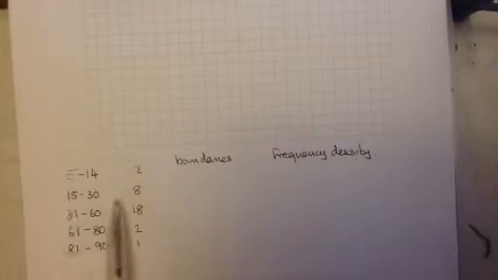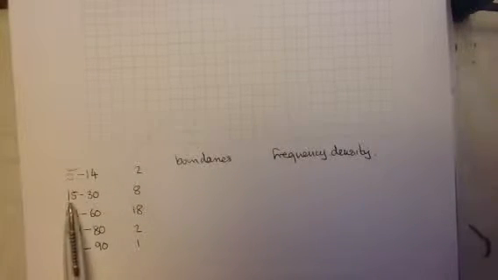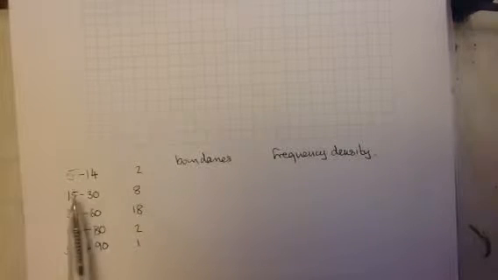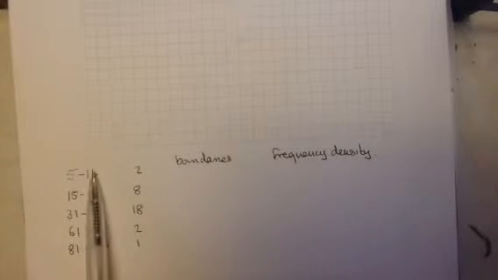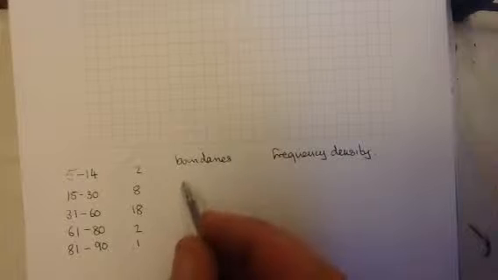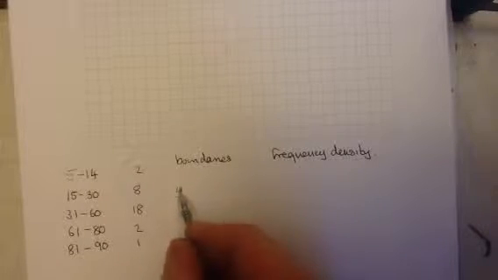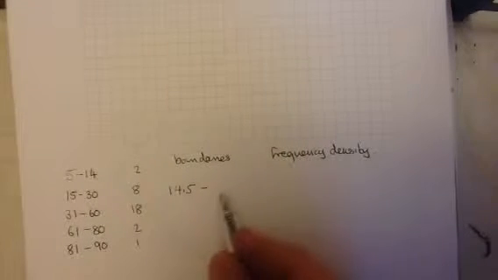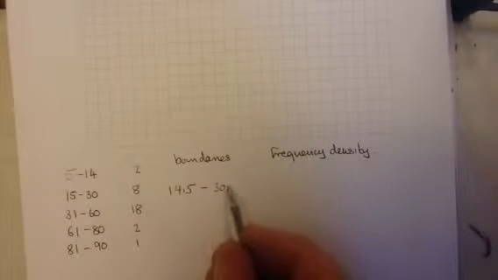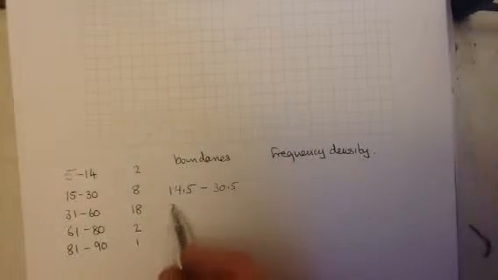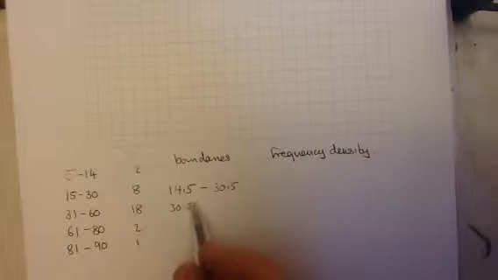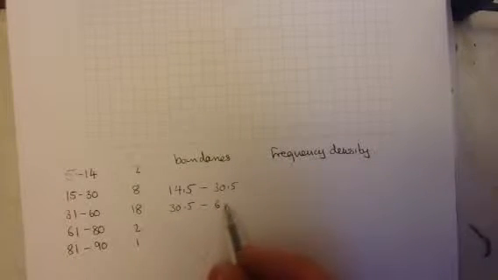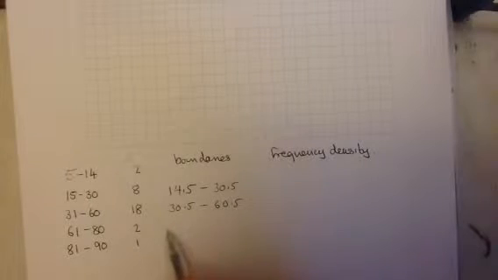Okay, so if we have a look at the second, we can see the limits are 15 to 30, so the boundaries will be halfway between 14 and 15, 14.5, and halfway between 30 and 31, 30.5. And I'm going to work my way through the table doing the boundaries.